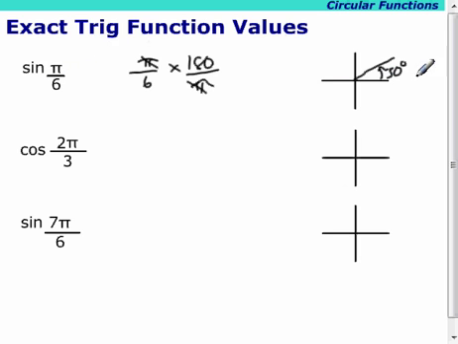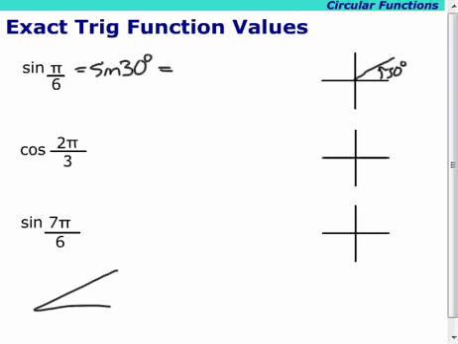Now if they want to know what the sine of pi over 6 is, all I have to do is find out the sine of 30 degrees, which I could, if I want, use my little triangle. Here's 30 degrees here, sine is opposite over hypotenuse, so it's equal to 1/2.